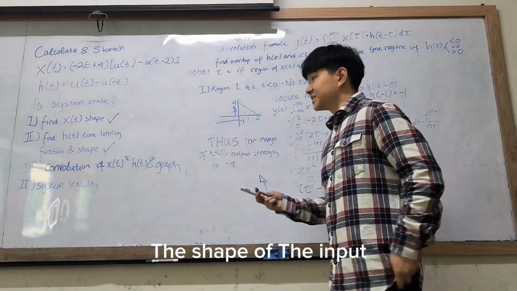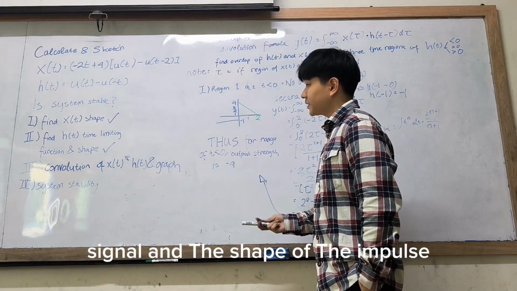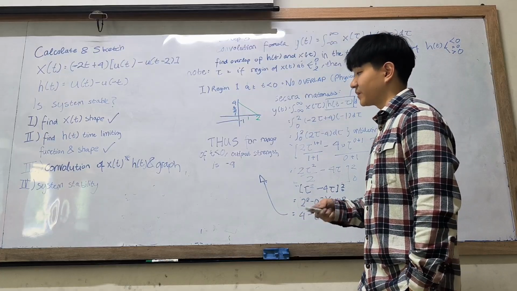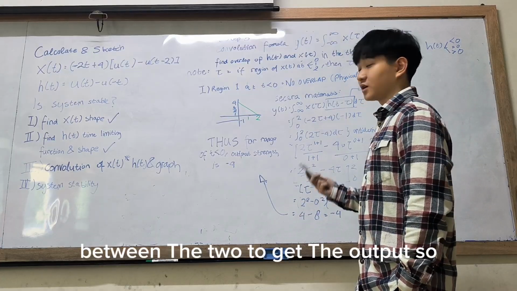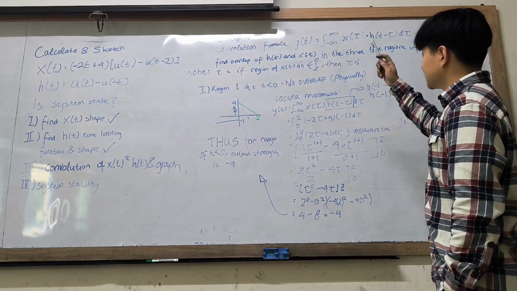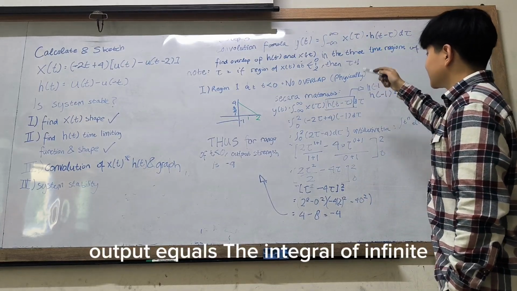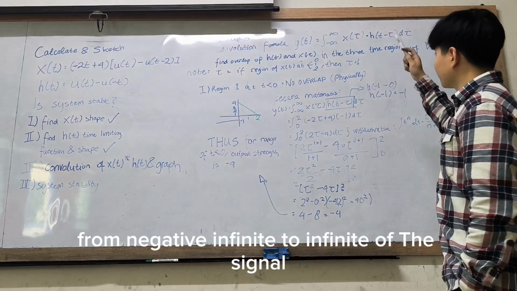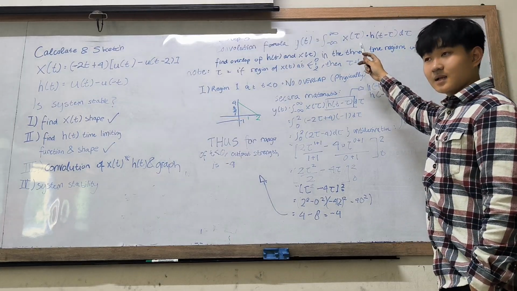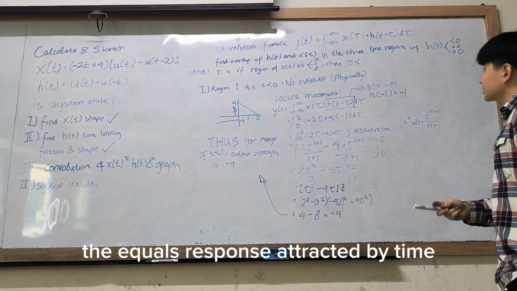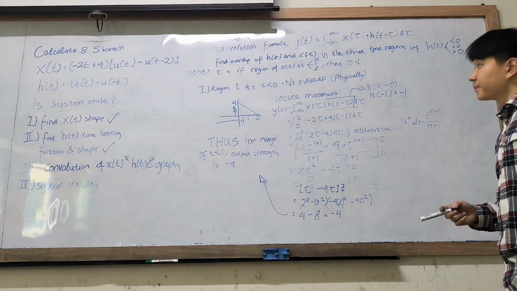So we have found the shape of the input signal and the shape of the impulse response. Now we have to find the convolution between the two to get the output. So the convolution formula is output equals the integral from negative infinity to infinity of the signal envelope multiplied by the impulse response subtracted by tau.